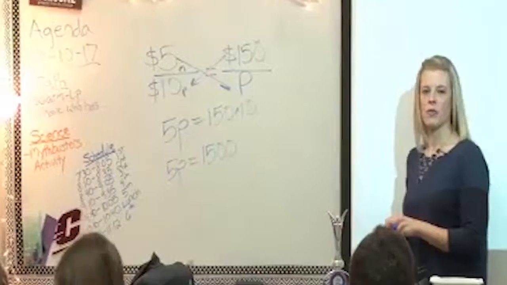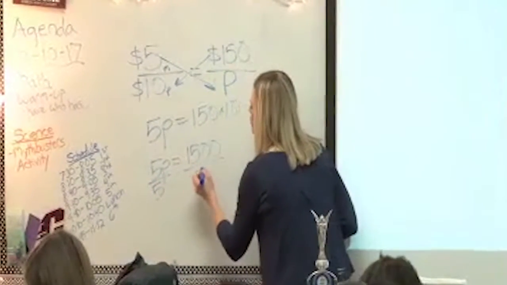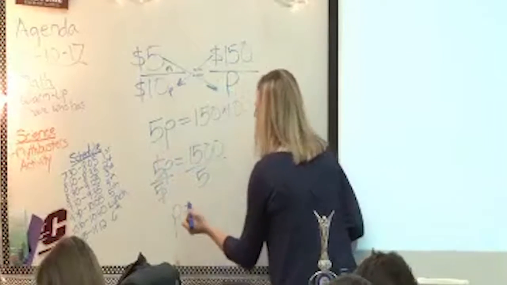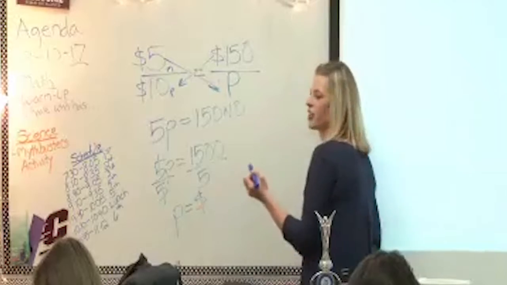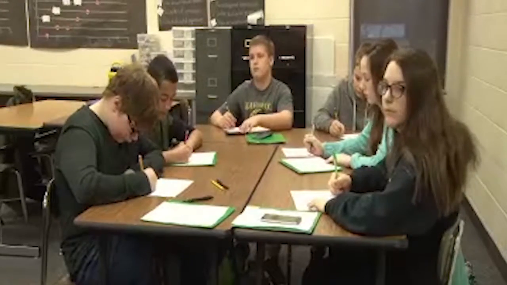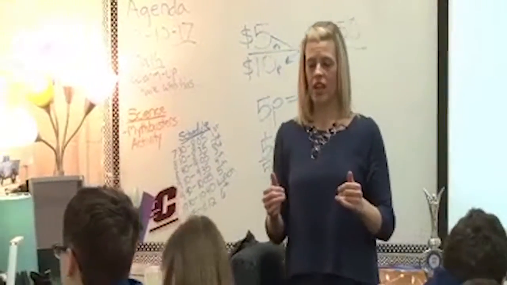How do I solve for P? What do I do to both sides, Jacqueline? Divide by 5. These cancel. That leaves me with how much money did his parents give him? 1,500 divided by 5 is 300, very good.